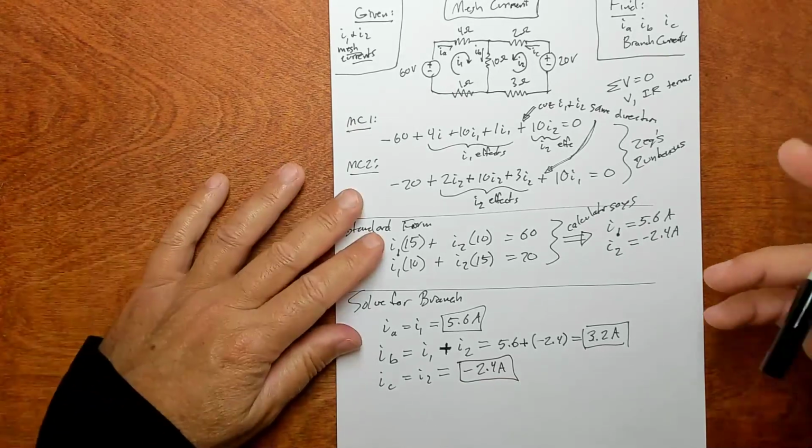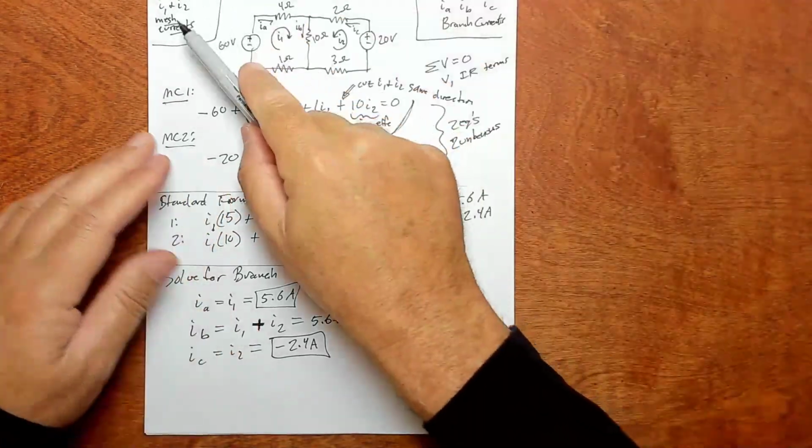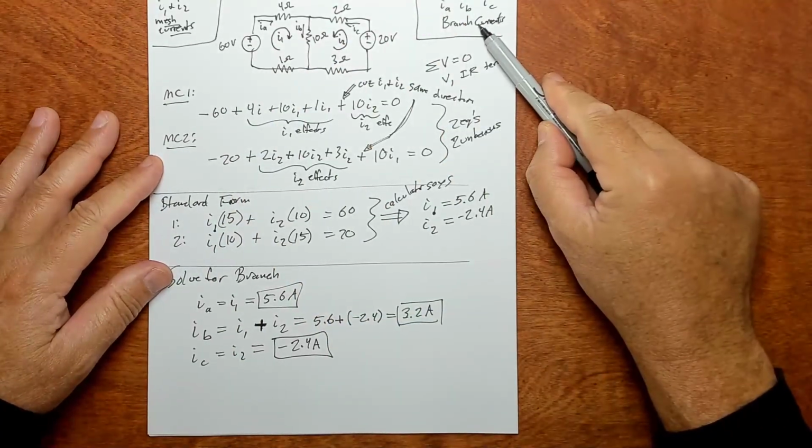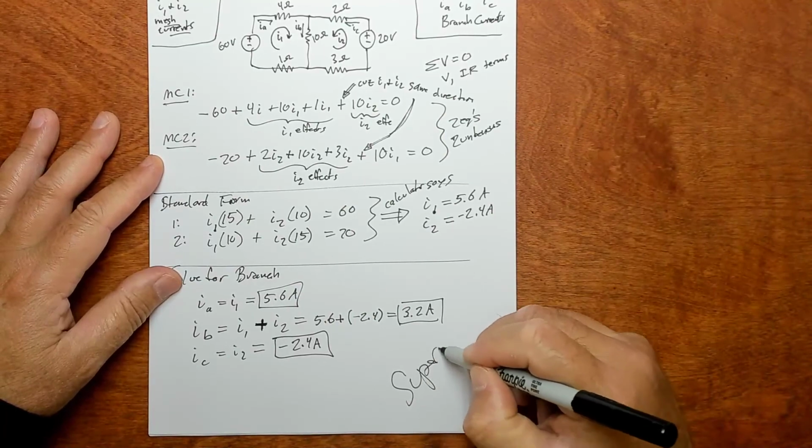All right. That was mesh current versus branch currents. It's all about superposition.